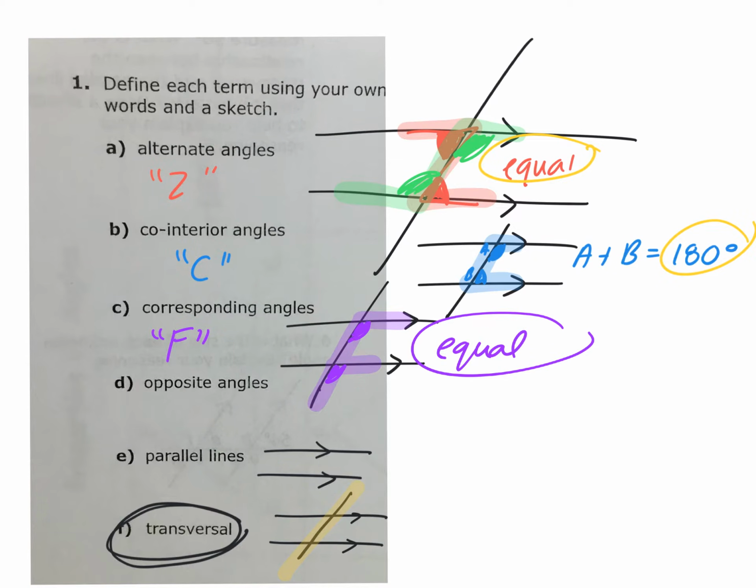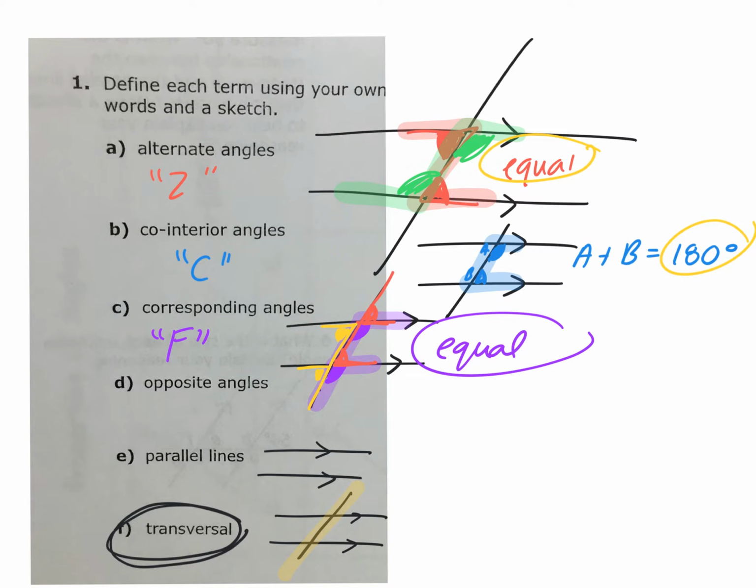If I look at the two angles above, this angle corresponds with this angle, those would also be equal, because I can draw an F upside down as well. Whichever way, you can also draw an F this way, like this, and you can draw it backwards. These would be equal as well.